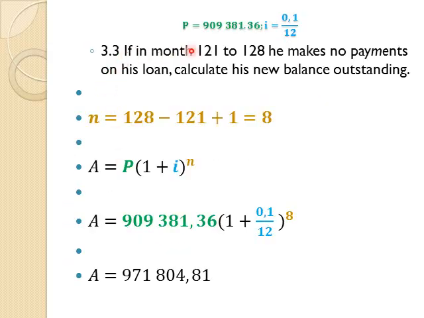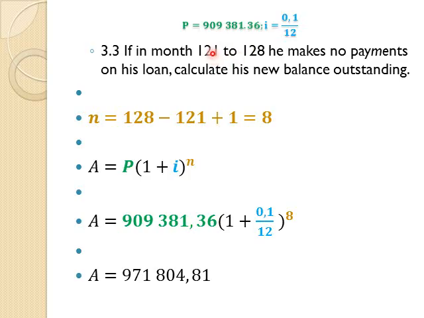Now they say if in month 121 to 128 he makes no payments on his loan, calculate his new balance outstanding. So remember, 10 years, 10 times 12 gives me 120 payments. So after 120 payments, his balance outstanding was 909,381 rand 36.